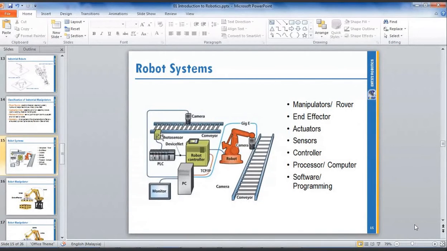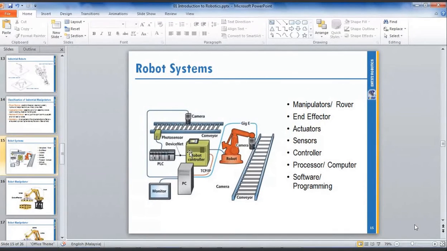For example, this sensor sends its signal through the PLC. The PLC will also send a signal to the robot controller to inform that maybe the part is coming on this conveyor.